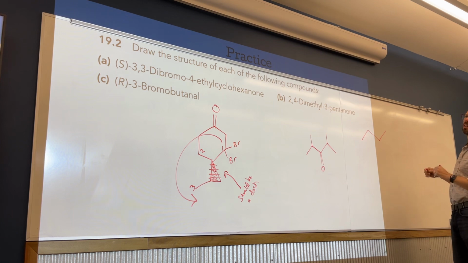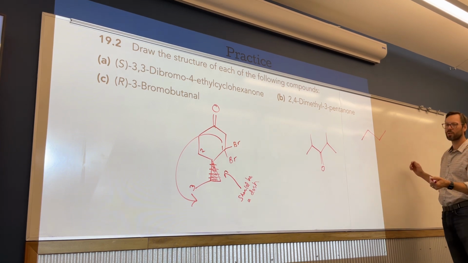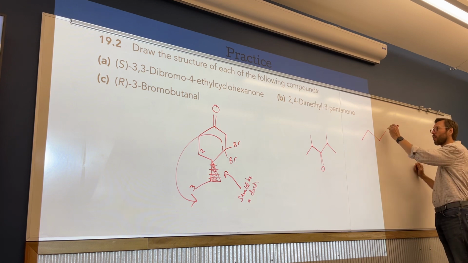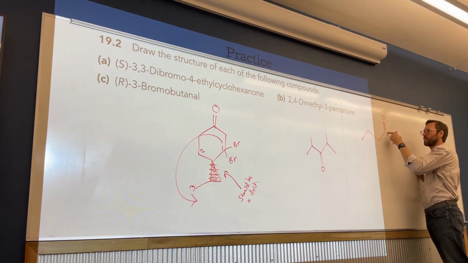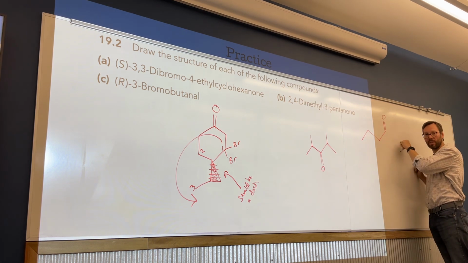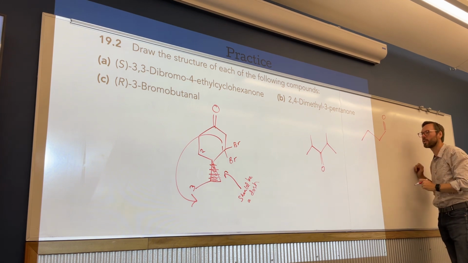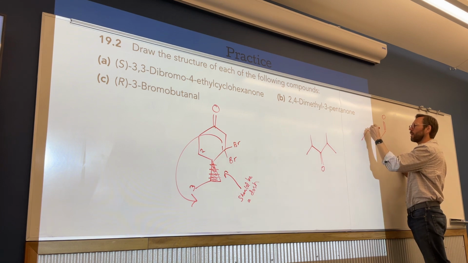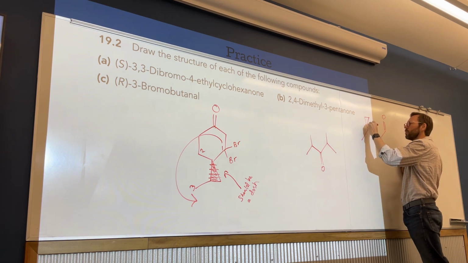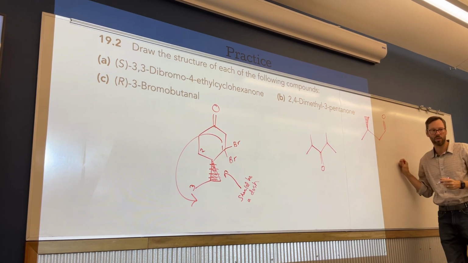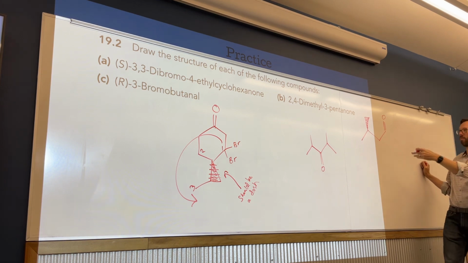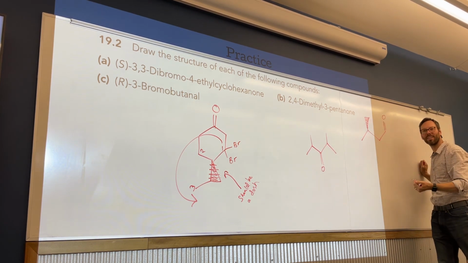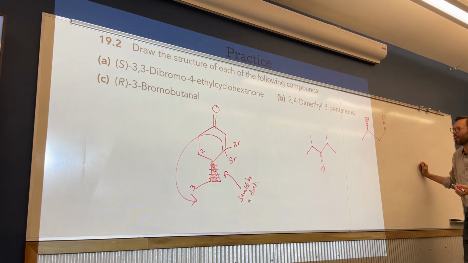There's no number with the butanal, so we can assume it's at the first carbon, because it's -al, so that's going to be an aldehyde, so that'll be a hydrogen. 3-bromo, 1, 2, 3. And again, you can do your dash or your wedge, or before you draw that, you could just put a placeholder there and do it. It doesn't really matter.